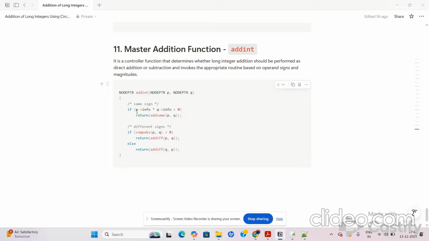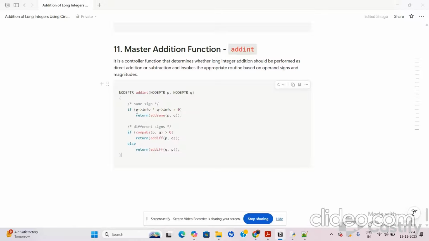So that way, you multiply p of info and q of info. p of info and q of info is the info field of the header node, where you would store the number of nodes and the sign.